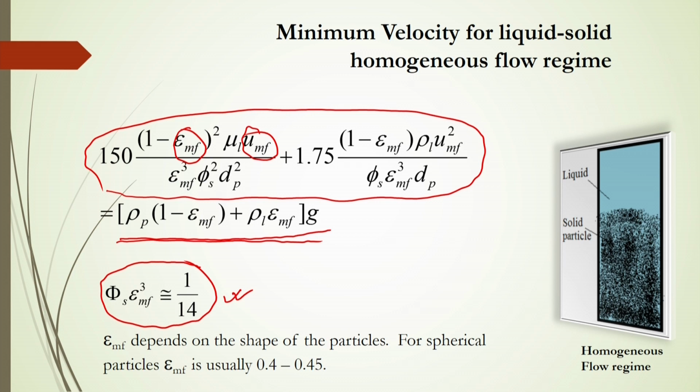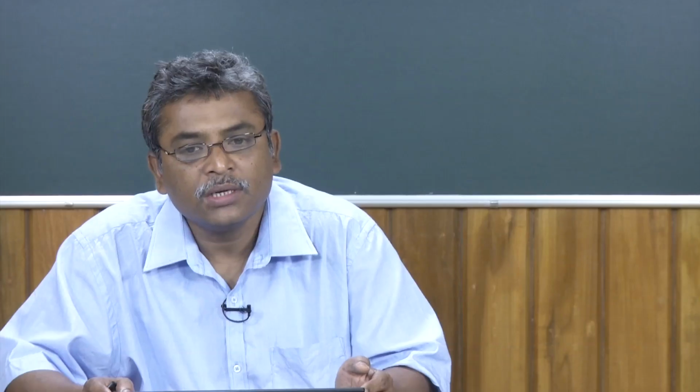And this epsilon mf, the minimum fluidization voidage, depends on the shape of the particles. For spherical particles it will be in the range of 0.4 to 0.45. Those things we have already discussed earlier. So, this is the way to estimate the minimum fluidization velocity for the liquid-solid homogeneous flow regime.